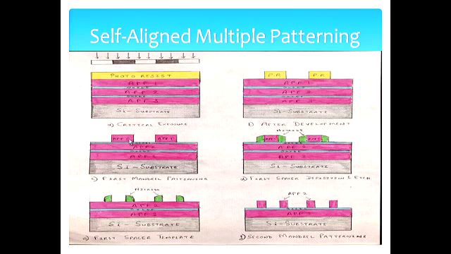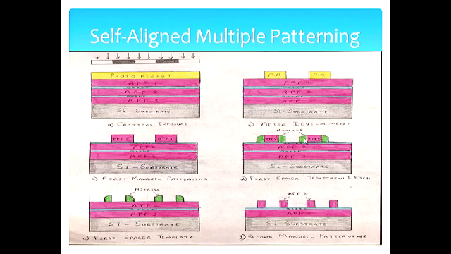Once these are patterned, silicon nitride gets deposited all over this. Due to constraints of space, I could not show all the steps, but this is how it works: you deposit silicon nitride all over this, and then you etch away the silicon nitride using reactive ion etching, so that you get deposition only on either side of the mandrel.